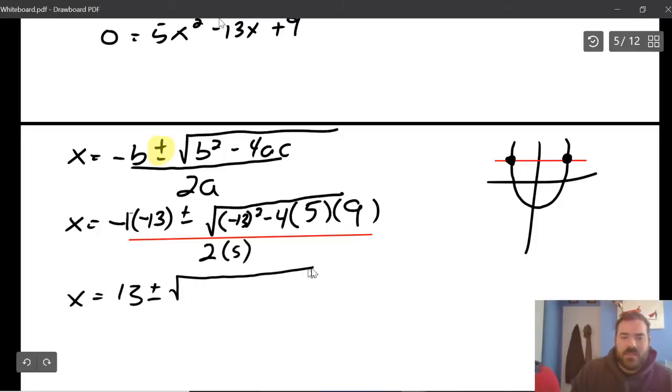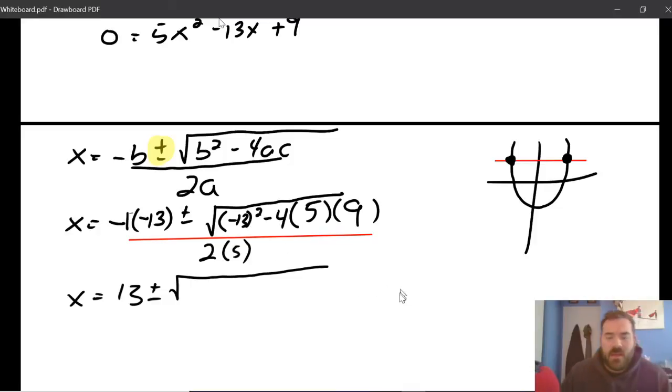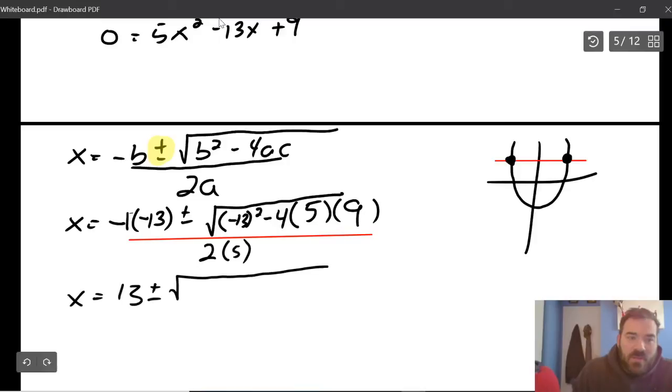All right, let's do what's in the radical sign here. So we have negative 13 squared, and then it's up to you whether you keep the negative with the 4 as you multiply or you leave it there. I like to bring the negative with me in my multiplication, and then the resulting sign is going to be what I put in as the operator. So follow me if you can. 13 times 13 is 169.